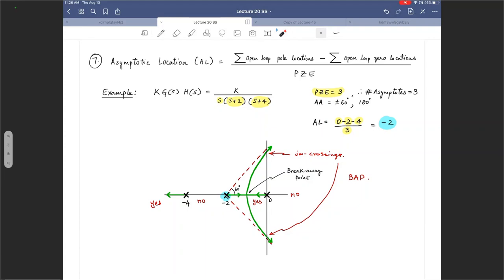The point at which the root locus crosses the j omega axis is called j omega crossing. Are those points useful at all? Why do you think they are useful, the j omega crossing?